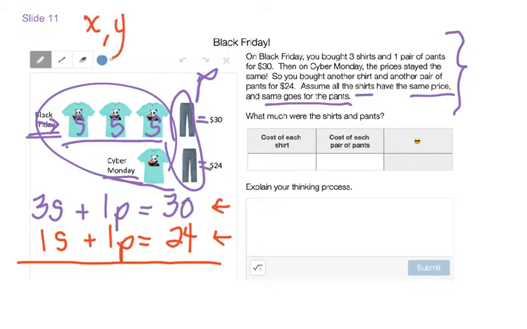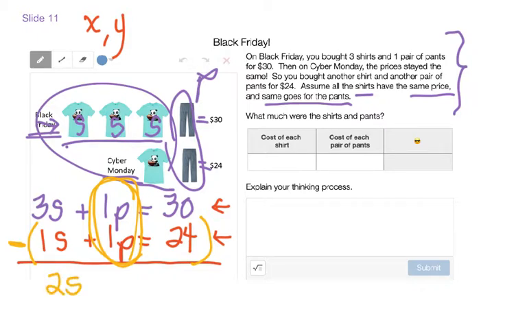But I'm going to look at this and realize that I have 1P in each equation. So if I merely subtract the second equation from the first equation, then I could easily eliminate the P variable right there. So that's what I'm going to do. I'm going to subtract 3S and take away 1S, which leaves me with 2S.